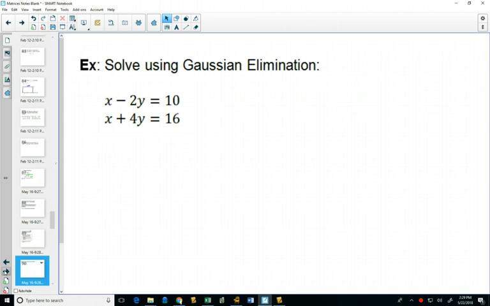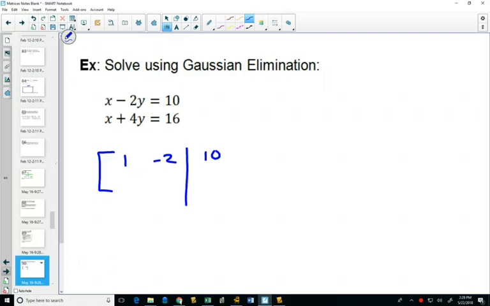Okay, so here's an example. Here's our first system of equations. If we set this up as an augmented matrix, we would have 1, negative 2, 10, 1, 4, 16. Our goal is to make this bottom left-hand corner a 0.